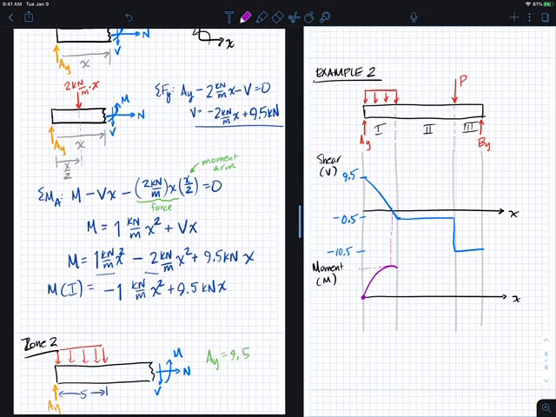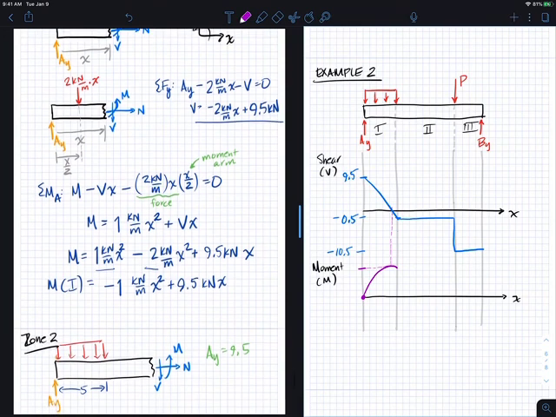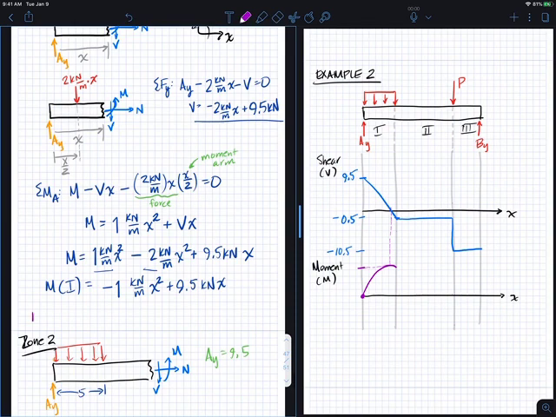So this maximum for the moment, if I went and did the math and just took the first derivative, M prime of section 1, you come up with negative 2x plus 9.5.